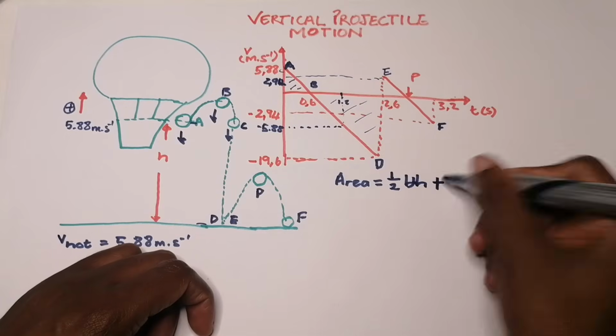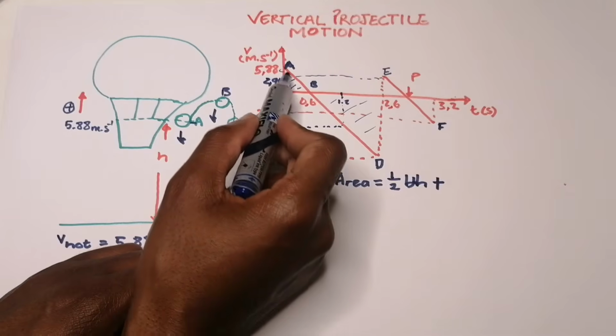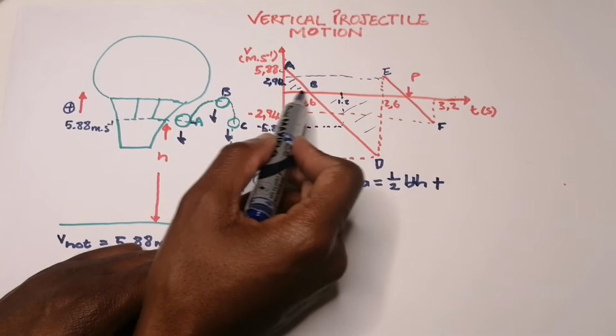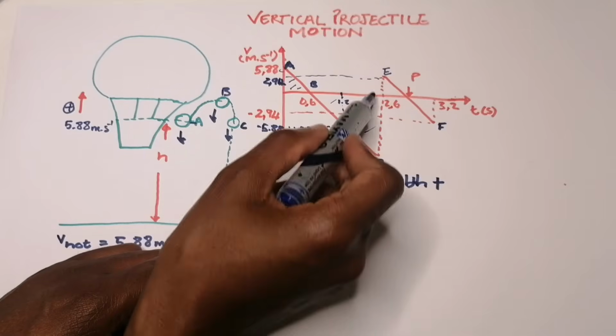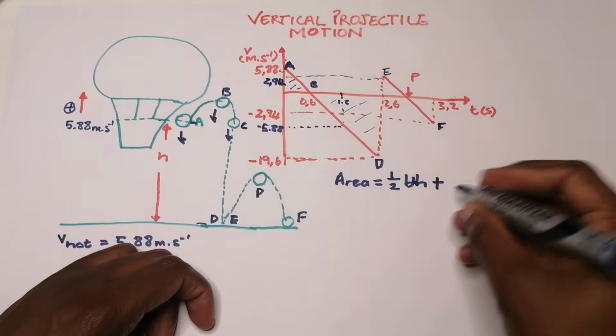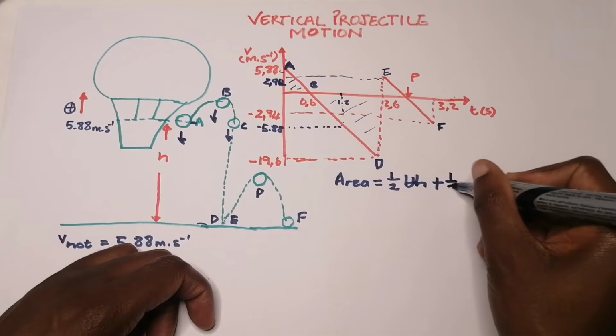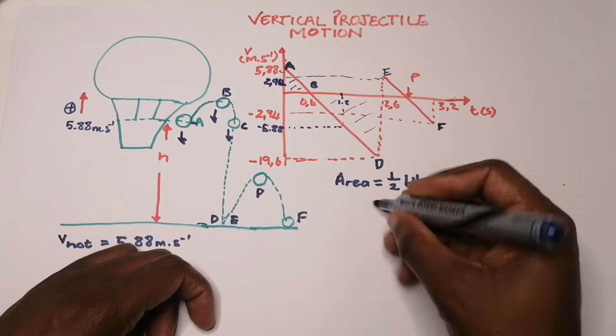Remember we're looking between A and D, so the area underneath the graph would be that little triangle over there, plus that bigger triangle over there. So in this case, plus another half base multiplied by perpendicular height.